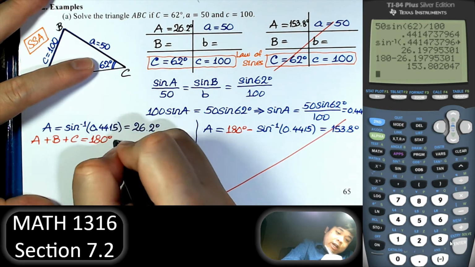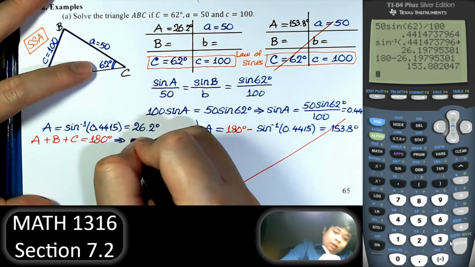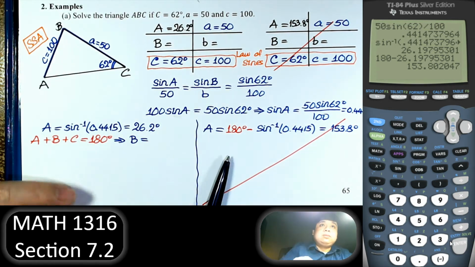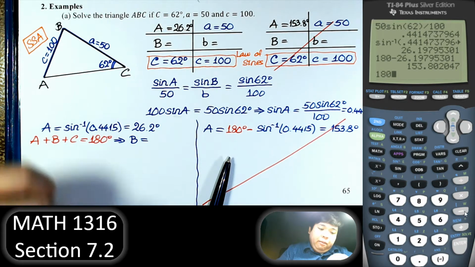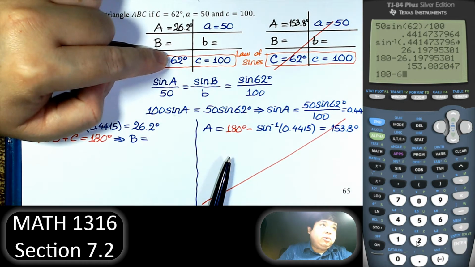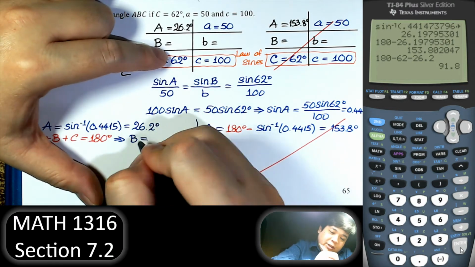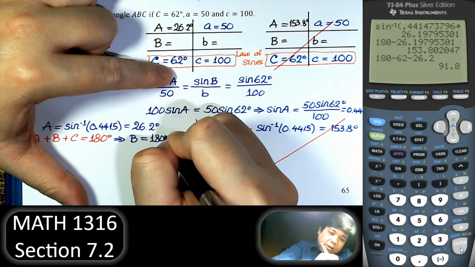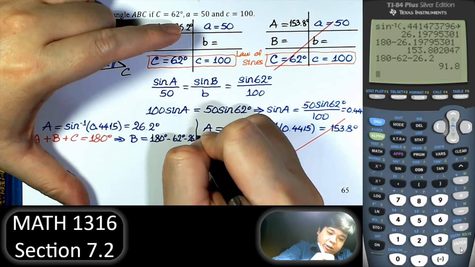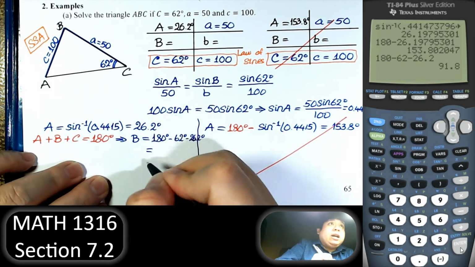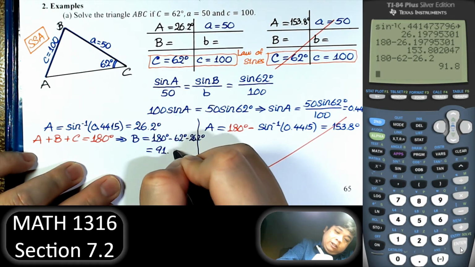From here we can solve for angle B: 180 degrees minus 62 minus 26.2. And that gives us 91.8 degrees.